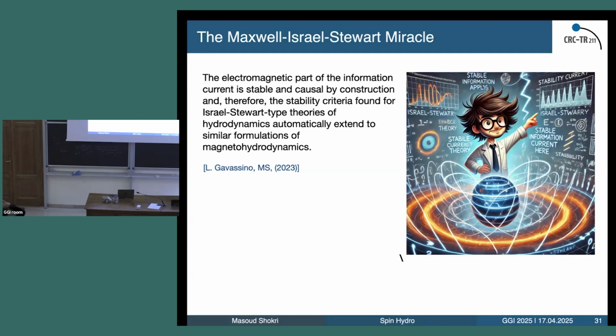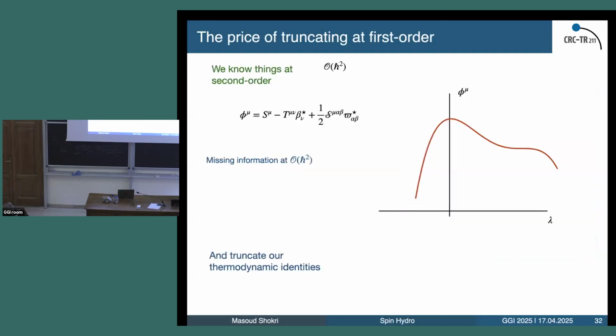Then applying this method, you will find that the electromagnetic part of the information current is causal and stable by construction. So it doesn't change anything about the stability conditions that you already knew from Israel-Stewart theory when you extend to magnetohydrodynamics. Of course, you need to take care of the fact that now your chemical potential over temperature is related to the gauge field.